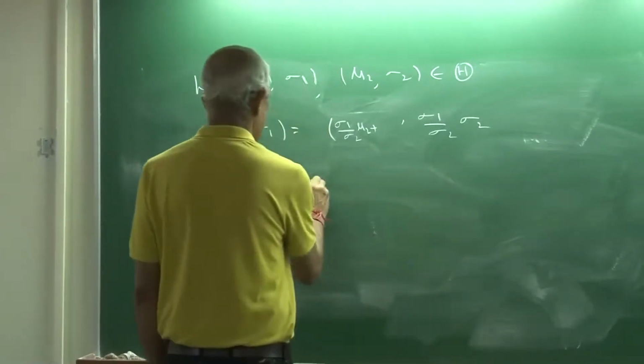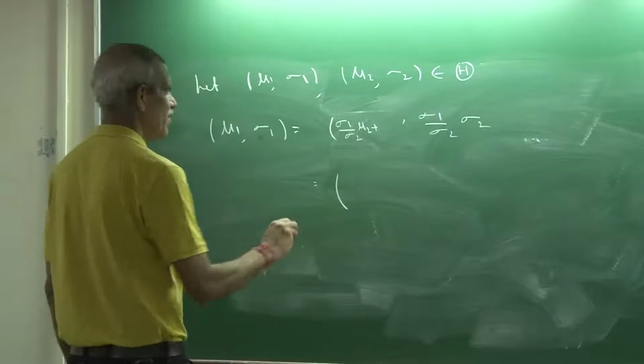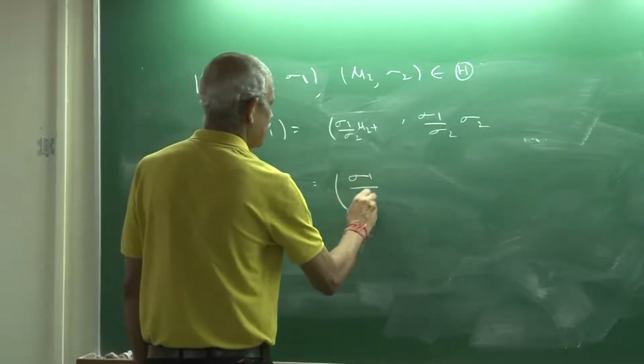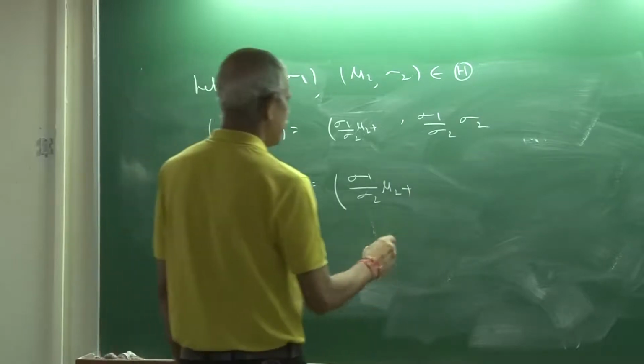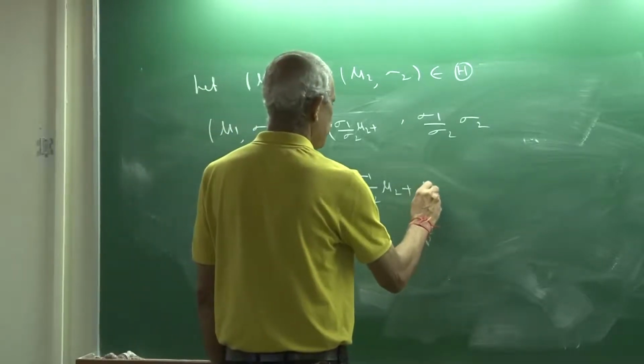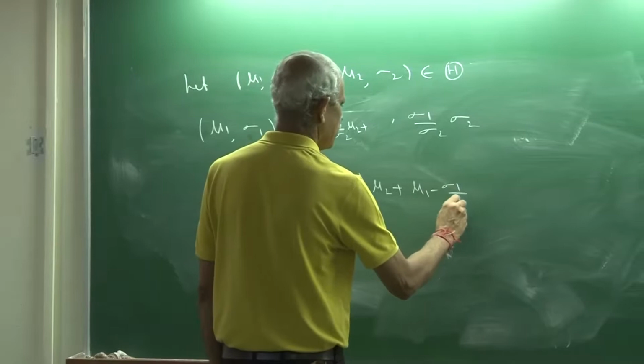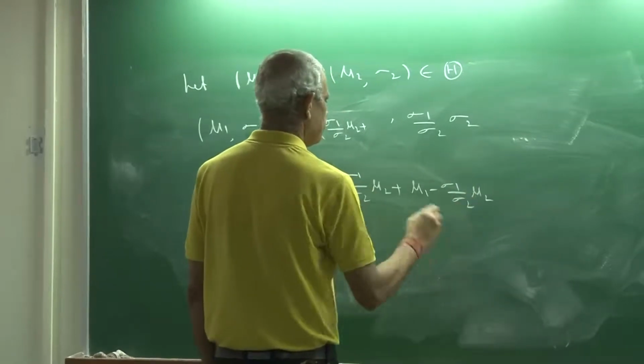So now I can write it more clearly: mu 1 is the same as sigma 1 by sigma 2 mu 2 plus mu 1 minus sigma 1 by sigma 2 mu 2, and this could be c.